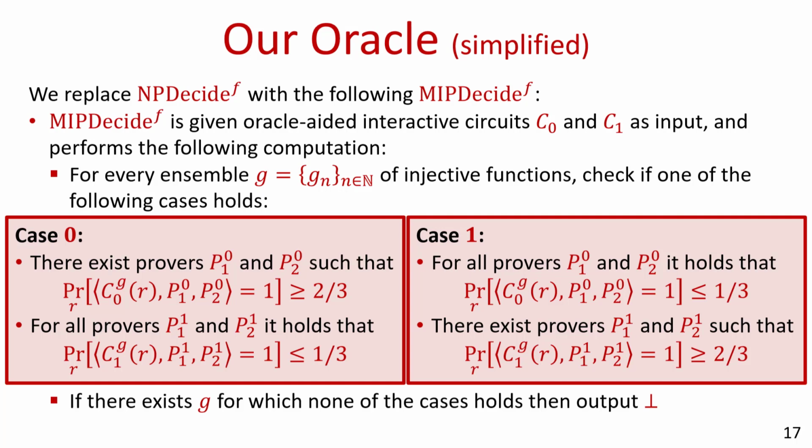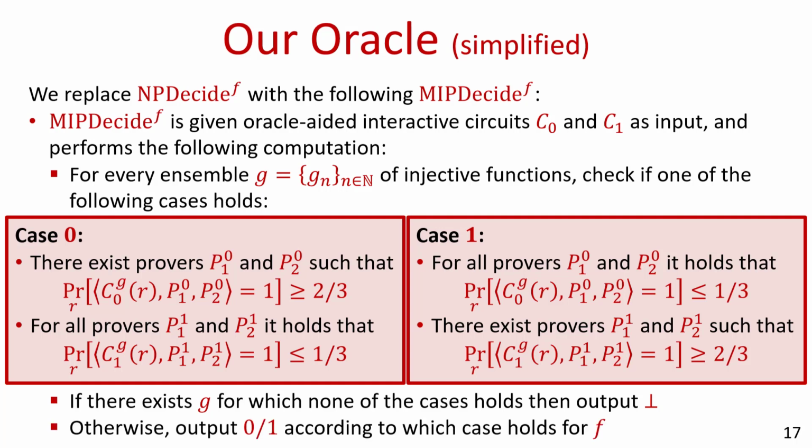As before, if there exists any G for which none of the cases holds, then MIP-decide of f outputs the bottom symbol. And otherwise, it outputs 0 or 1 according to whether case 0 holds or case 1 holds for f.